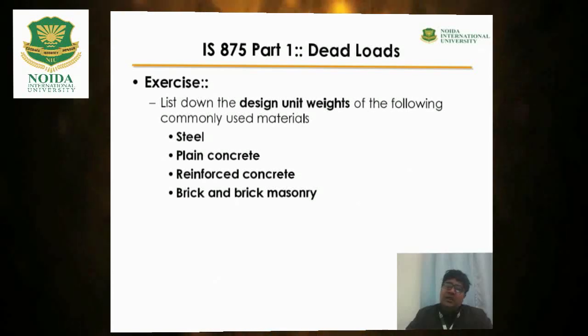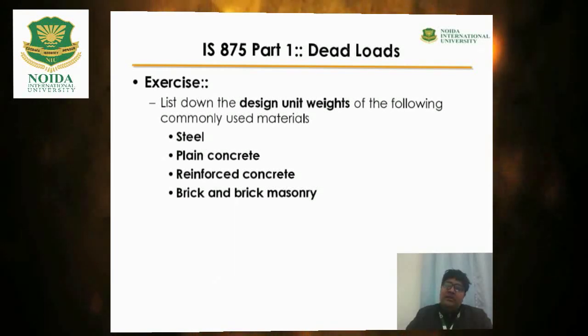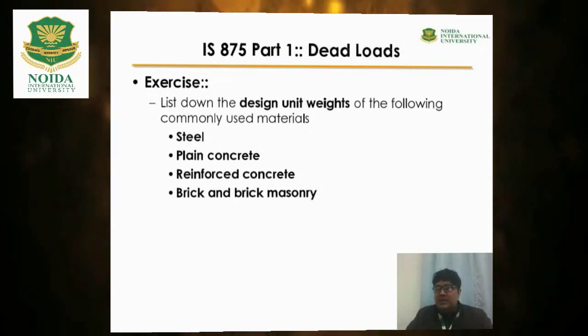Going further, as per the IS 875, we will have a small exercise on it. You can take 3 or 4 different materials, for example steel, plain concrete, reinforced concrete, and brick masonry walls. If you have these 4 materials, kindly write down the design unit weight of these particular materials.